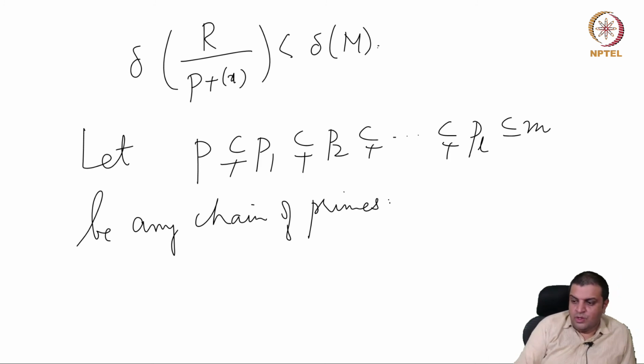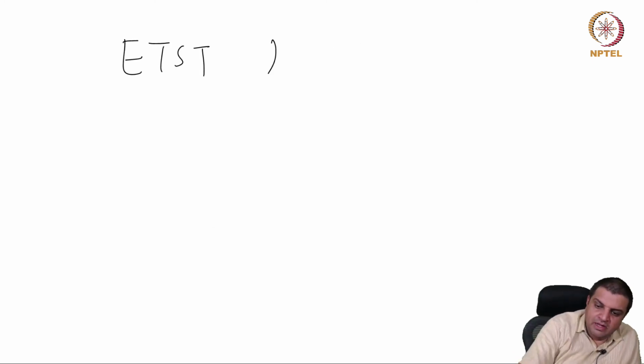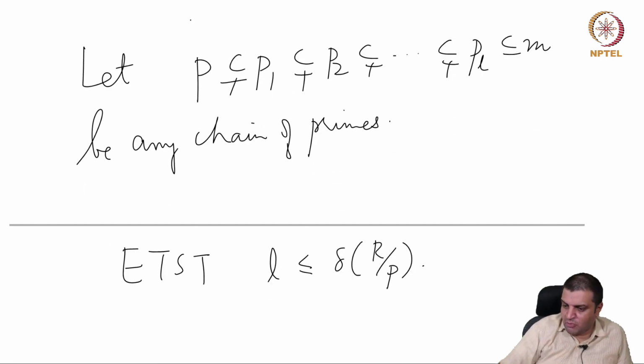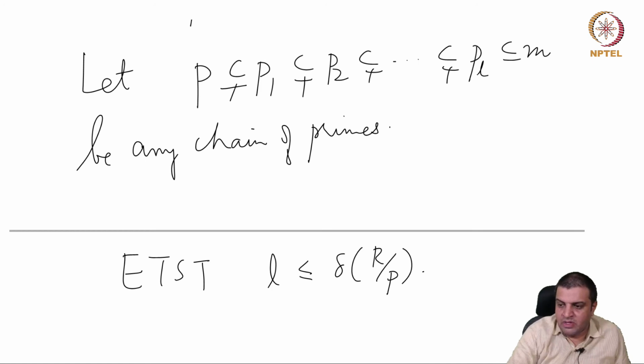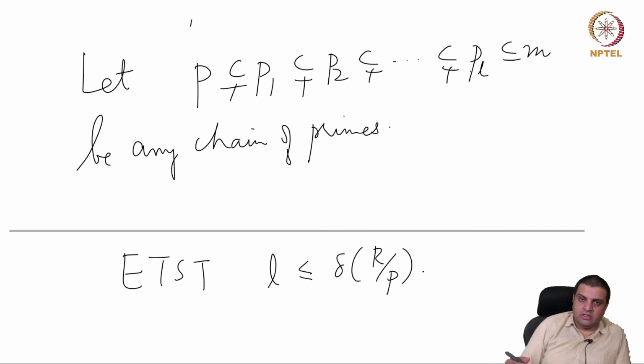If we show that L is less than or equal to delta of M, then the supremum of all such L will also be less than or equal to delta of M. So it's enough to show that L is less than or equal to delta of R mod P, because the dimension of R mod P is the supremum of all such L. If for any chain the length is less than or equal to delta of R mod P, then it would imply that for the dimension also.